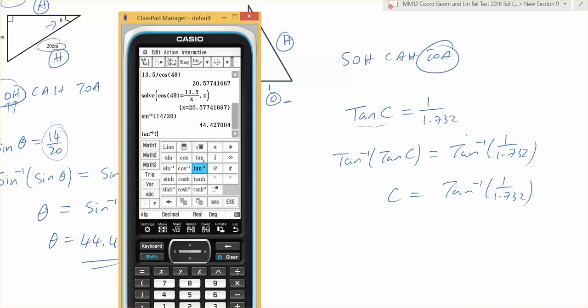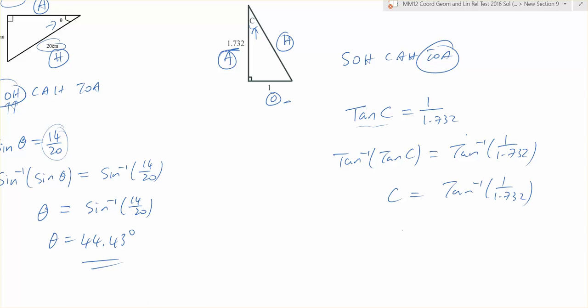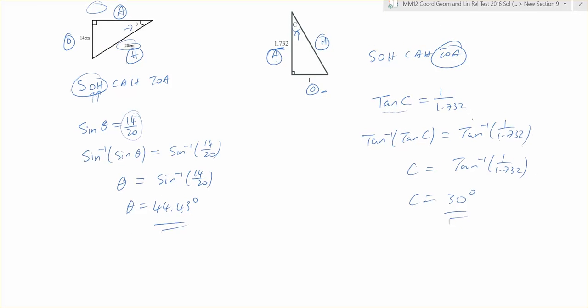So inverse tan of 1 divided by 1.732. Enter. So it equals 30.00 degrees, so it's just 30 degrees. C equals 30 degrees. There's no 2 decimal places, it's just 30 degrees.